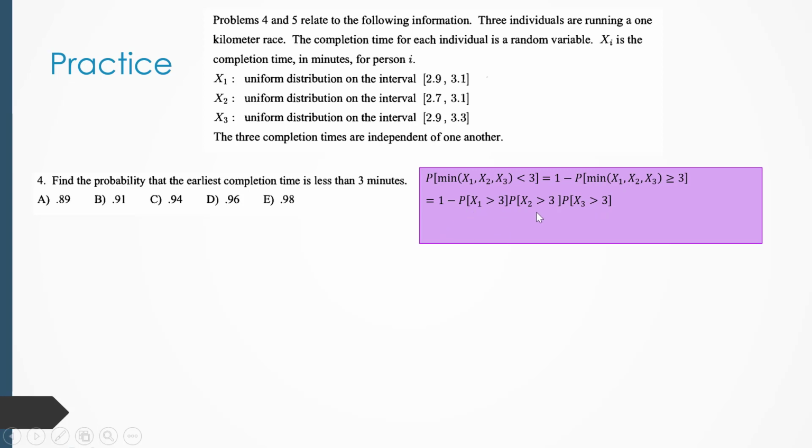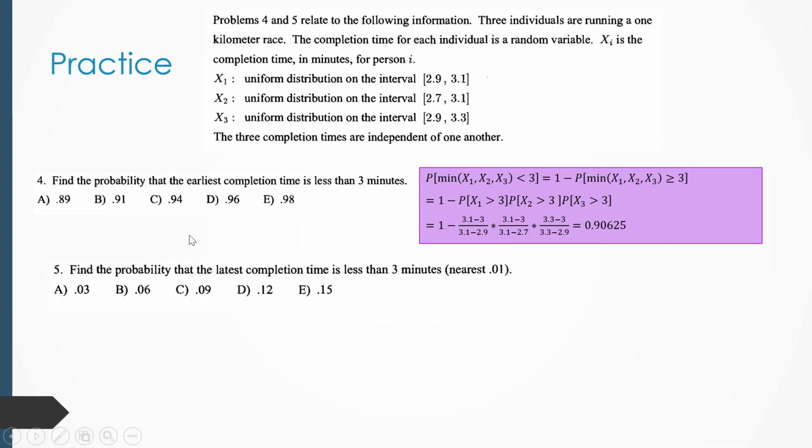Now for each term, the probability that X1 is greater than 3 using the first uniform distribution is basically just 3.1 minus 3 over 3.1 minus 2.9. For the second one, we have 3.1 minus 3 over 3.1 minus 2.7. And the last one is 3.3 minus 3 over 3.3 minus 2.9. And the answer is 0.9625. So rounded to two decimal places, we have B is the answer.